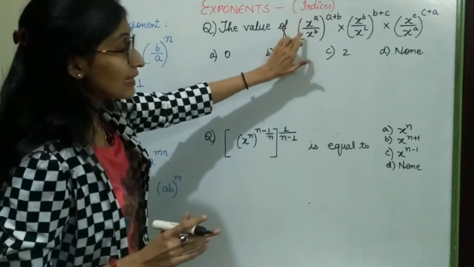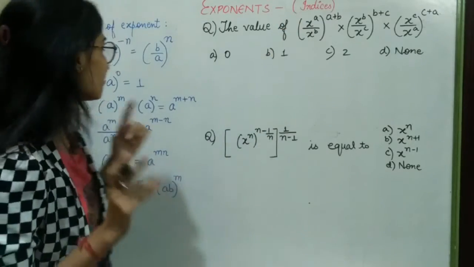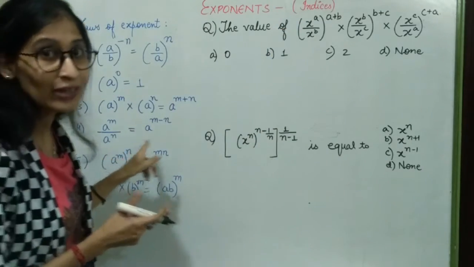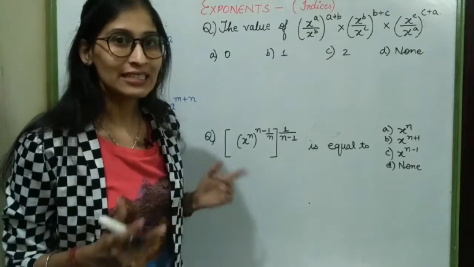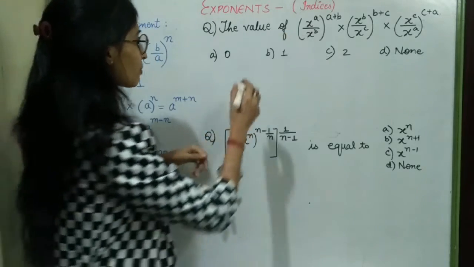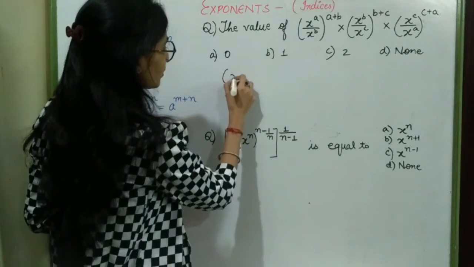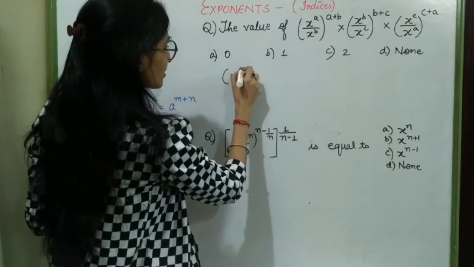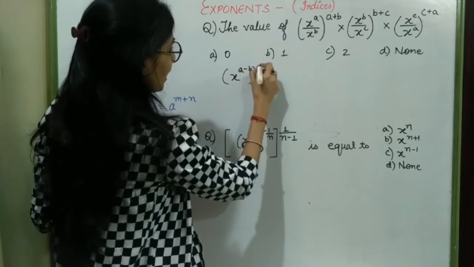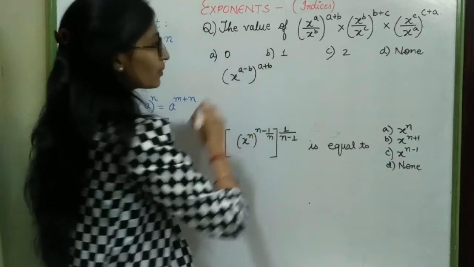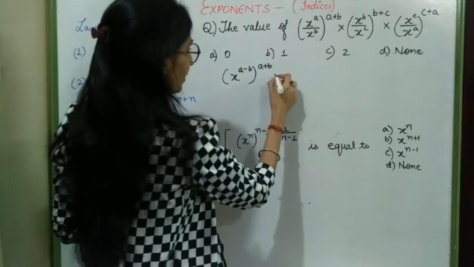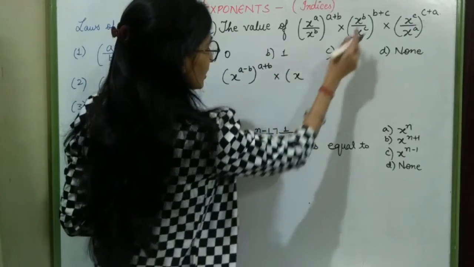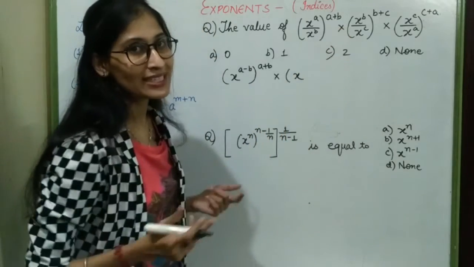See, they are in division, base is same. So my rule number 4, powers are going to be subtracted. I am going to subtract the power here. It will become x raised to power a minus b. Outer power will be a plus b only. Multiply by, again the division and base is same.